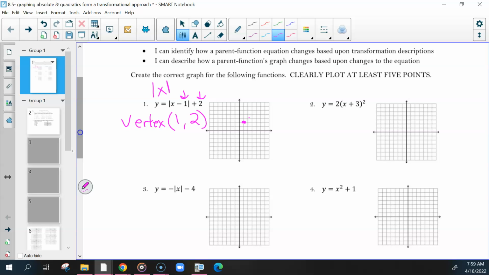So you go up 1, to the right 1, like 5 times, and draw arrows through all of them. So using your transformations, our parent function started at 0, 0, and it moved to the right 1, up 2, and nothing else.